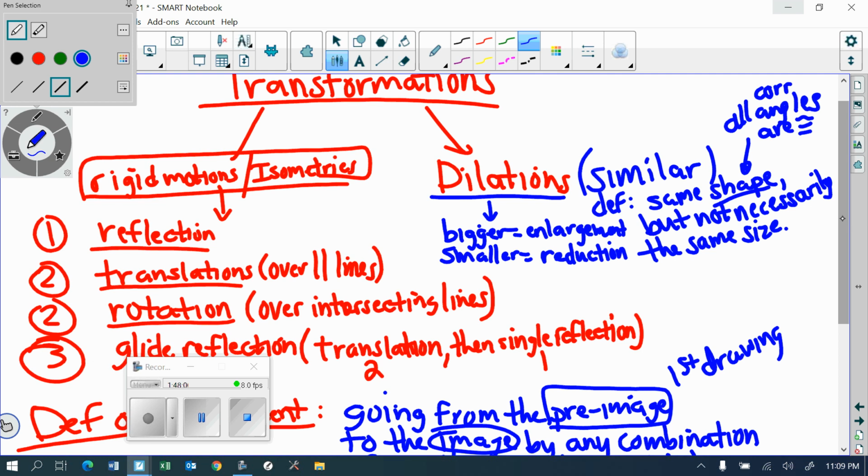Also, what's true within these dilations is if there are parallel lines, they remain parallel. All the corresponding lines remain parallel to one another from the pre-image to the image. So it's called parallelism. Not only do angle measures remain the same, but the side lengths are proportional, the same ratio for each one, and the corresponding sides are parallel to one another.